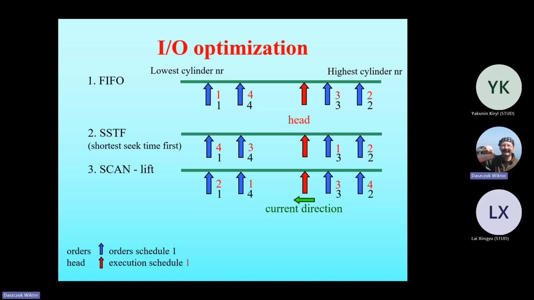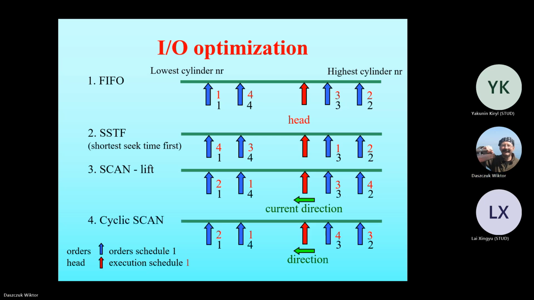If we go left or right, the middle of the disk is served. And the last, which is most fair, but optimizes less than others, is cyclic scan. We have a fixed direction.